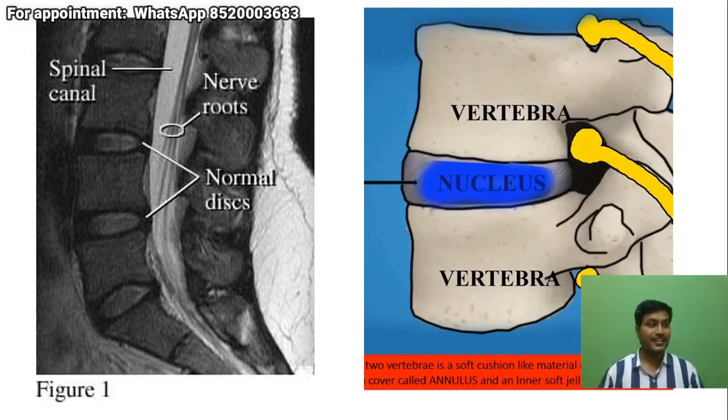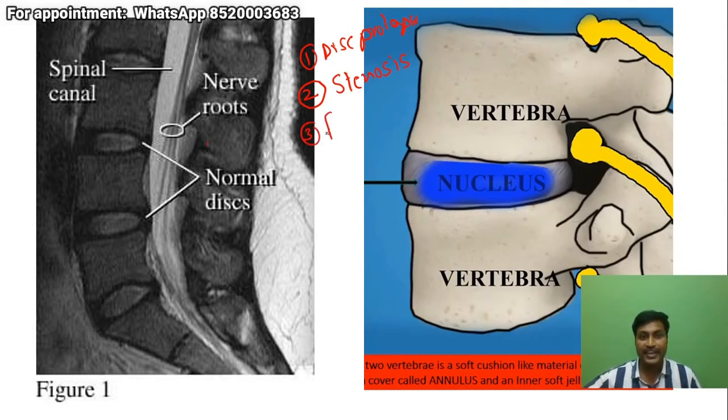Now, the majority of the normal things I have told you. Now let us come to the disc. Three pathologies are very important for you. One is disc prolapse. The second one is stenosis. We have lateral canal stenosis and central canal stenosis.